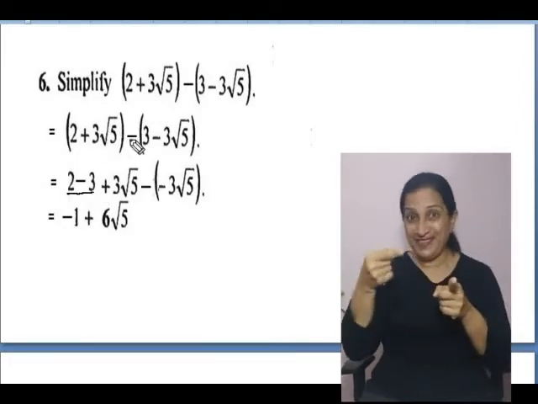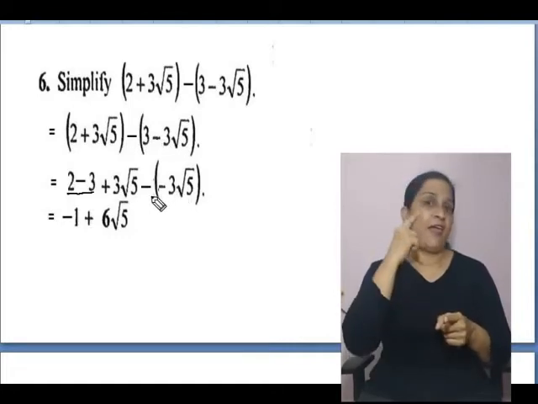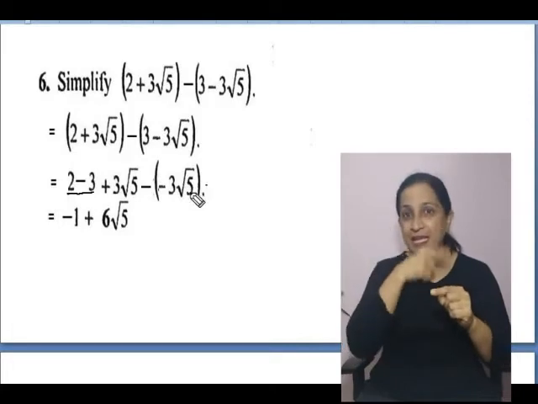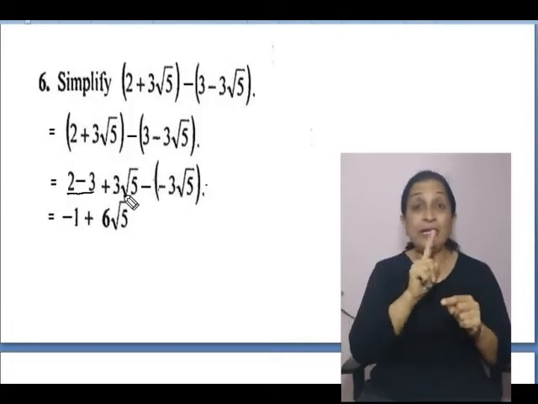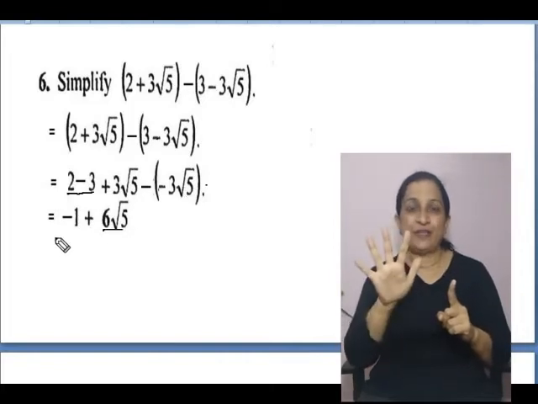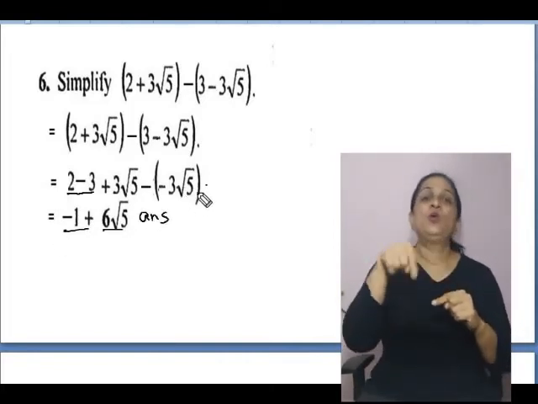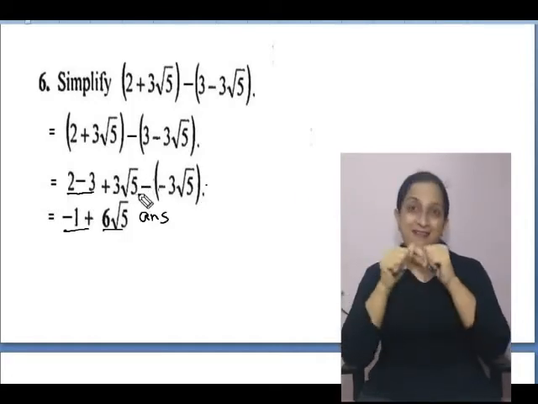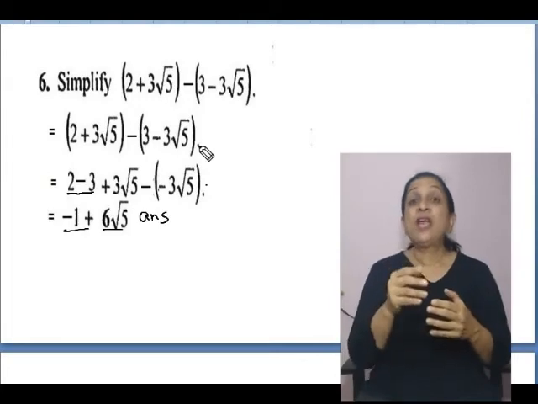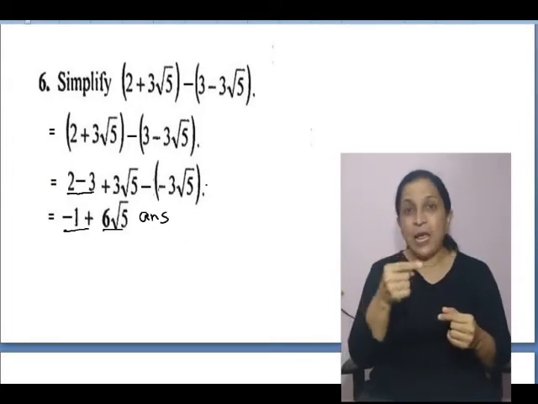Then plus 3 root 5, and minus into minus becomes plus. So this will be 2 times 3 root 5, that becomes 6 root 5. So this is the answer. They will be checking your capability to multiply by a constant as well as do the minus calculation.